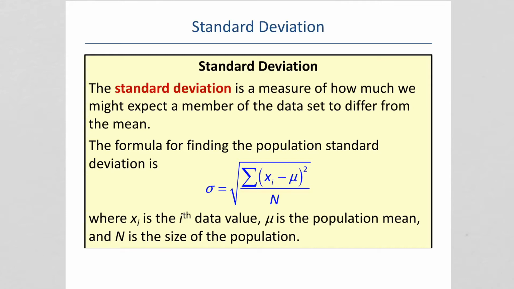So the standard deviation for a population, notice it is different for a population and a sample. For a population, it's the square root of the sum, that's what that sigma thing is, of each data value minus the mean squared divided by the number of data values in the population.